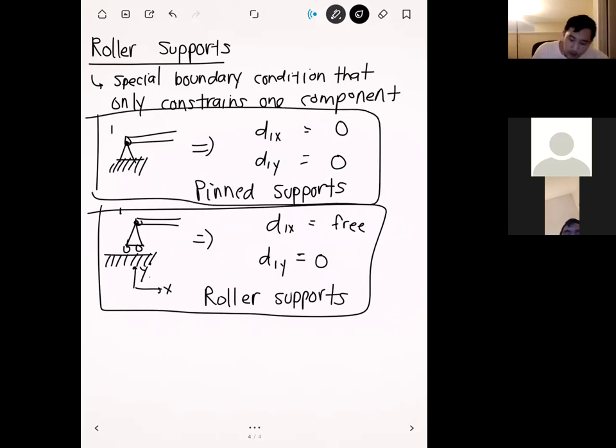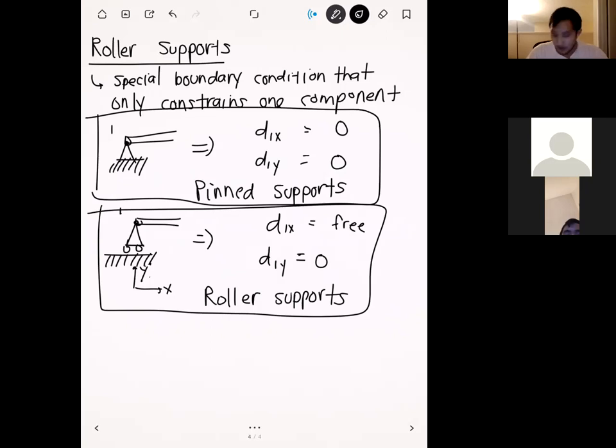So when you're doing these 2D truss problems, you have to really pay attention to what kinds of supports are anchoring the structure. If it's a pin support, you have to knock out 2 rows in our global stiffness matrix. But if it's a roller support, you're only going to knock out 1 of the rows. Sometimes this makes a big difference on the results, because some structures will be constrained in one direction but not in the other, and you need to solve for that other displacement.